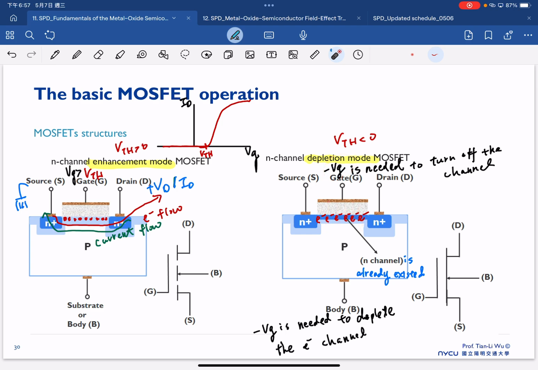Because of this depletion of the channel, we can turn it off. And because we need to deplete the channel, that's why we call this the depletion mode.